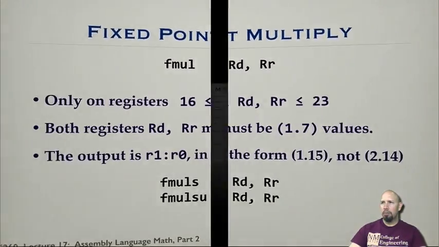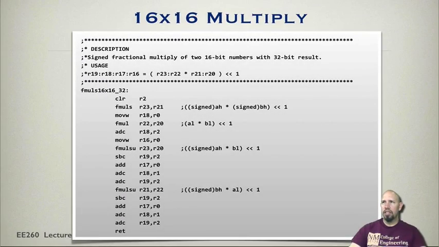Okay. To do a 16-point multiply, we would do something very similar to what we did for the 16 by 16 multiply with just integer multiply.